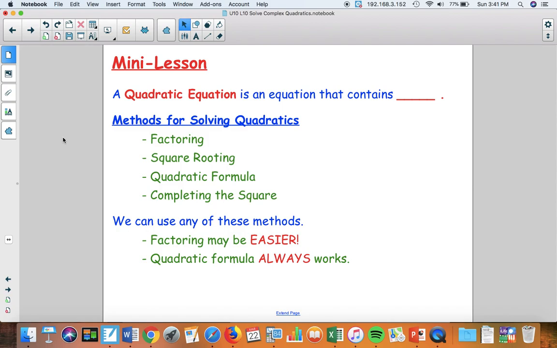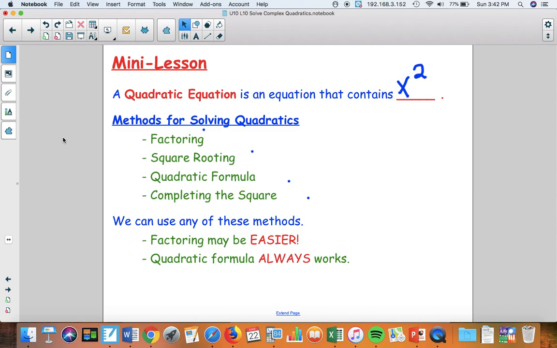Okay, so a quadratic equation is an equation that contains x squared. That's super important because you need to know when to identify this. Methods for solving quadratics: you can use factoring, you can use square rooting, you can use quadratic formula, or completing the square.